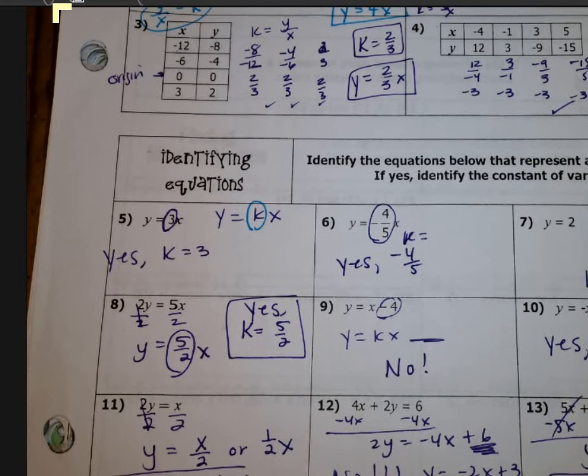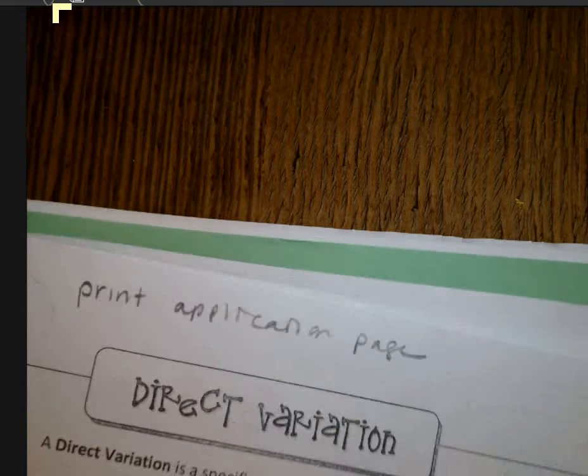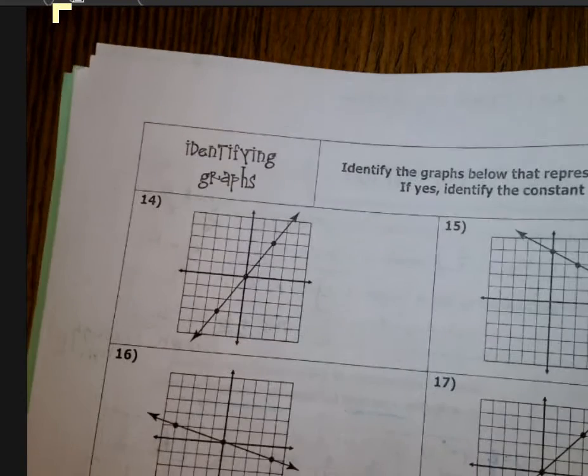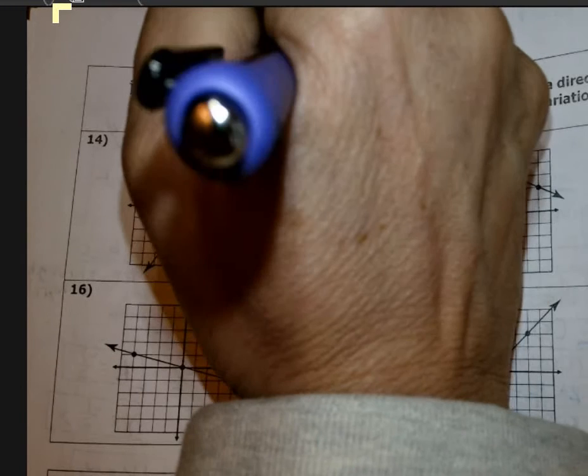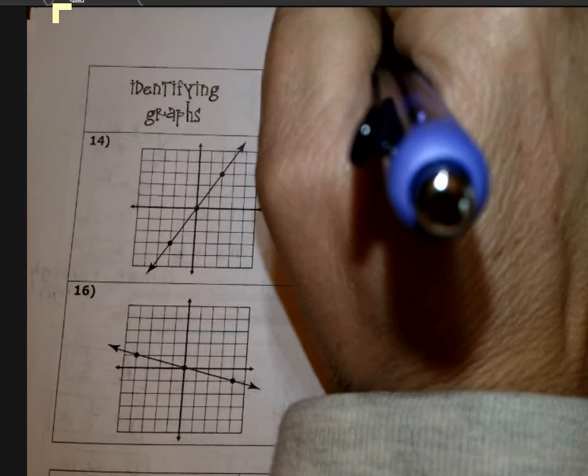All right, so now let's look at a graph. This should be easy because I've already told you a million times, the graph has to go through the what? I can look at these and not even do any work. The graph has to go through the origin.